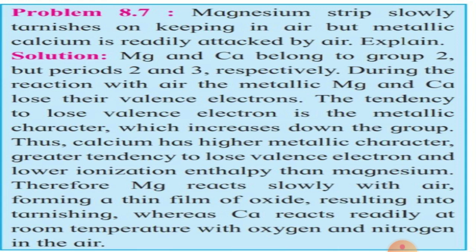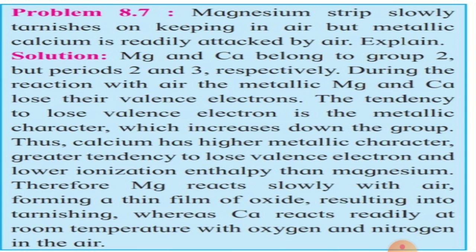Therefore, magnesium reacts slowly with air, forming a thin film of oxide, resulting in tarnishing. While calcium reacts readily at room temperature with oxygen as well as with nitrogen in the air.